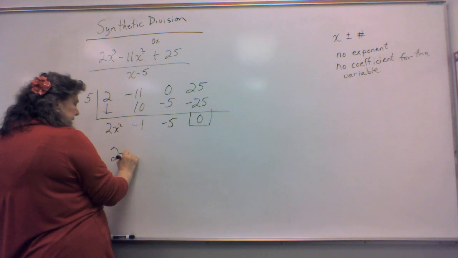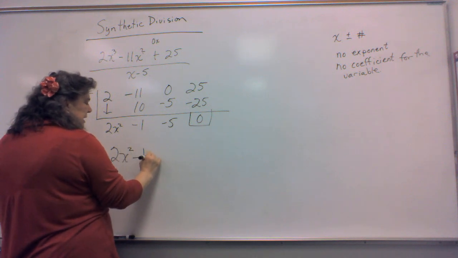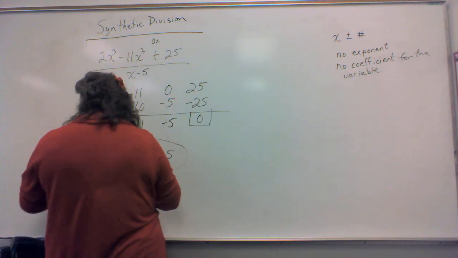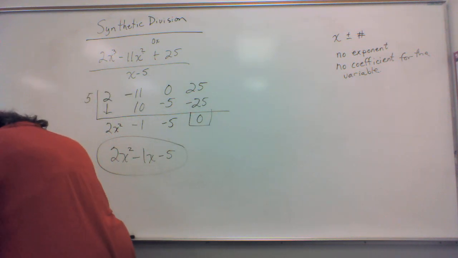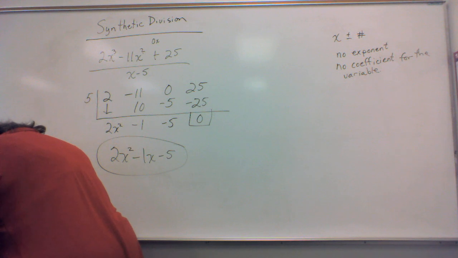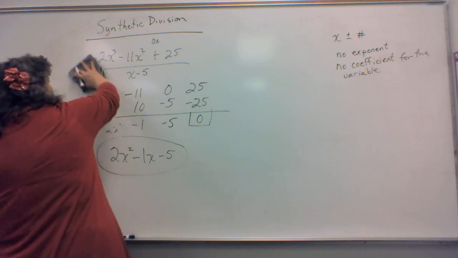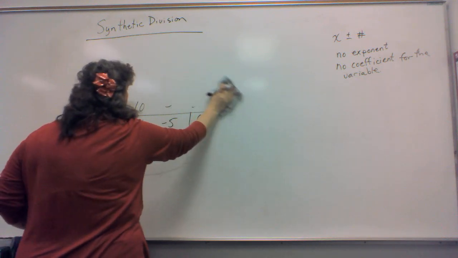So 2x squared minus 1x minus 5 is the answer. Let's see, I would like to find one that would give a remainder. I'll just make one up here and see what we get. Okay? One more problem.